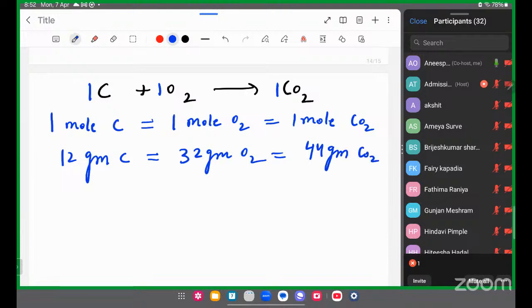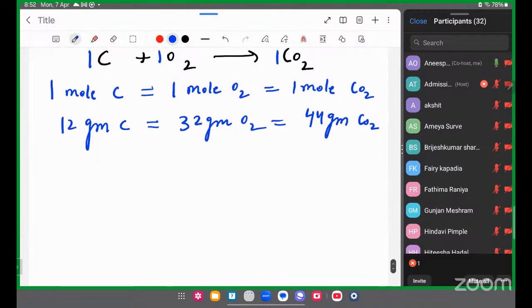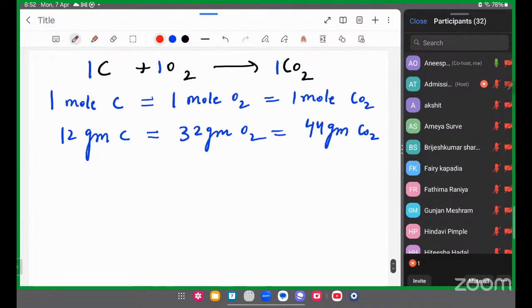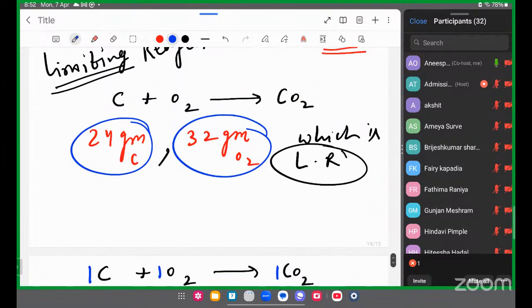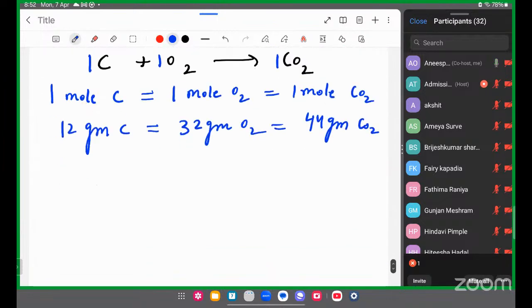According to the question, we are not interested in CO2. We will just focus on carbon and oxygen. So according to the stoichiometry, we know that 12 gram carbon is needed for 32 gram oxygen. But we are having how much? 24 gram carbon. So for 24 gram carbon, we will need how much oxygen?